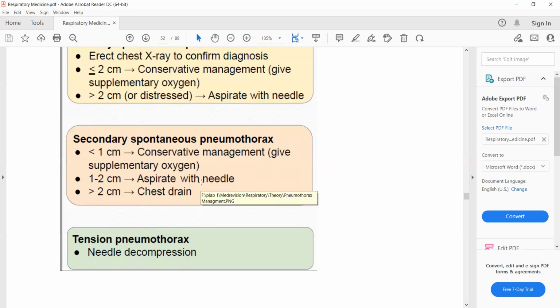And if the rim of air is more than 2 centimeter, then we'll put a chest drain. While in case of primary spontaneous pneumothorax, more than 2 centimeter rim of air was managed with needle aspiration. So in secondary spontaneous pneumothorax, a more than 2 centimeter rim of air is managed with chest drain. Remember this difference.